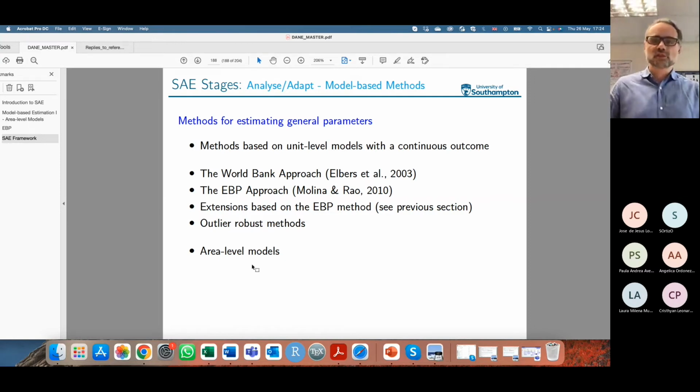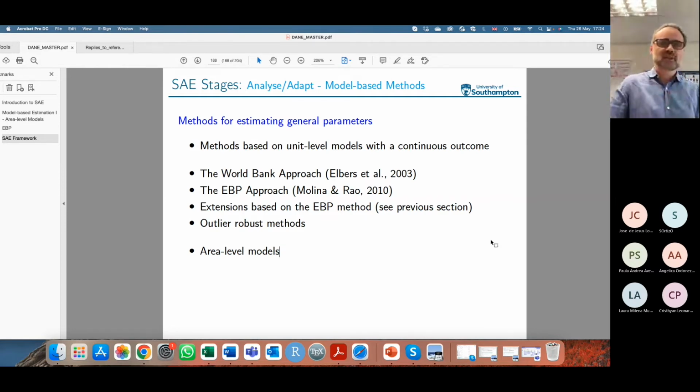The other option that you have is, as I said, to use area level models. Now with area level models, we remember that estimating proportions, possibly under an appropriate transformation, because remember that the proportion is between 0 and 1, is one way to do things. If you wanted to use area level models to directly estimate more complex indicators, like an inequality index, a tail index or a Gini coefficient, we haven't covered these models as part of this training.